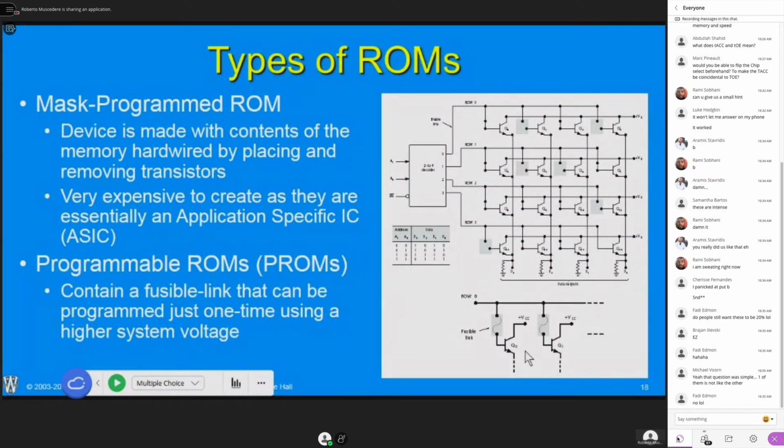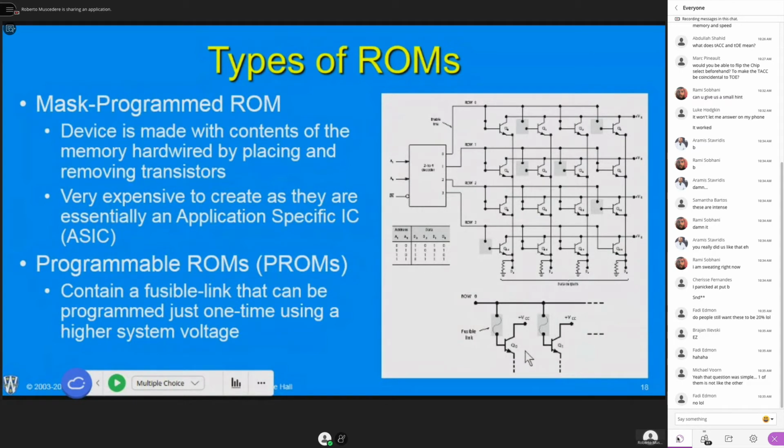When they do that final testing to find out where those bad bits are, and redivert that flow of information to an unused portion of the chip where we can recover those bits, they're blowing these fuses. There's a special way of doing it. So to do this with PROMs, we have to program them with higher voltage circuits. There's a process. It's not by any means absolutely simple, but it's certainly doable.